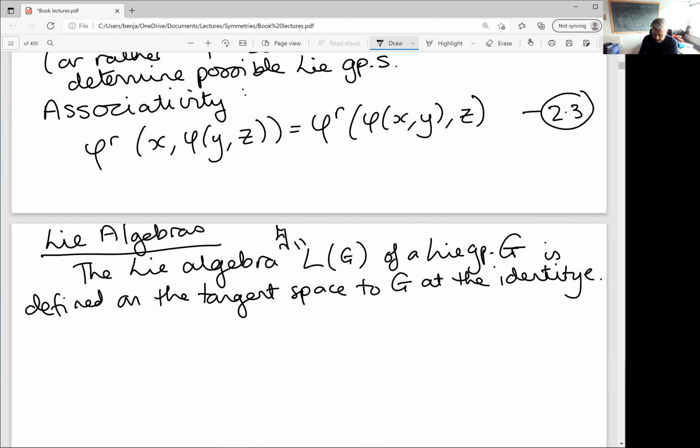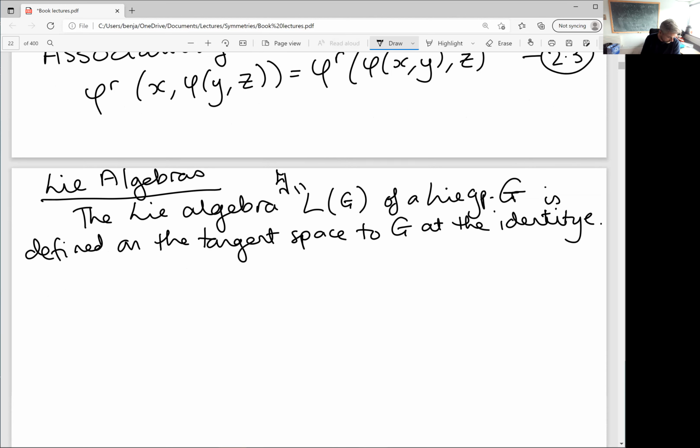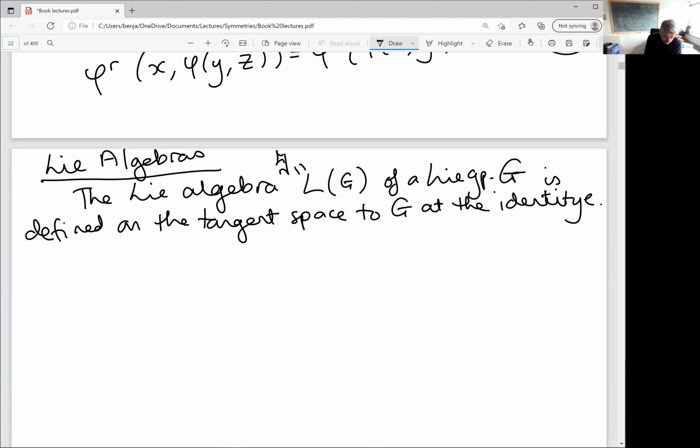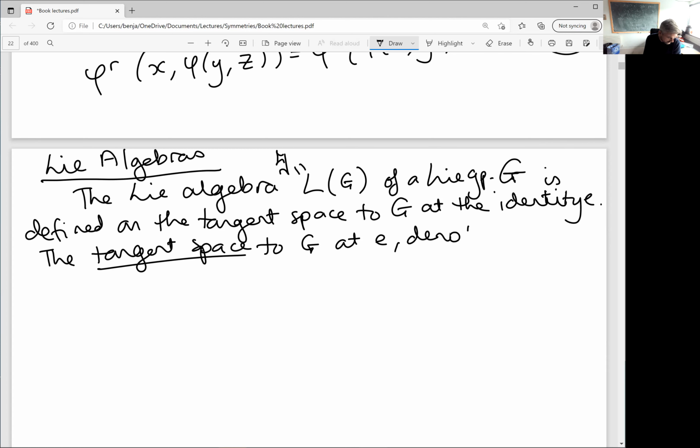All right, let's define this tangent space. The tangent space to G at E, which is what we need, denoted... Oh, sorry. Let's define a tangent space at a generic point, and then the Lie algebra will be defined as the tangent space at the identity.